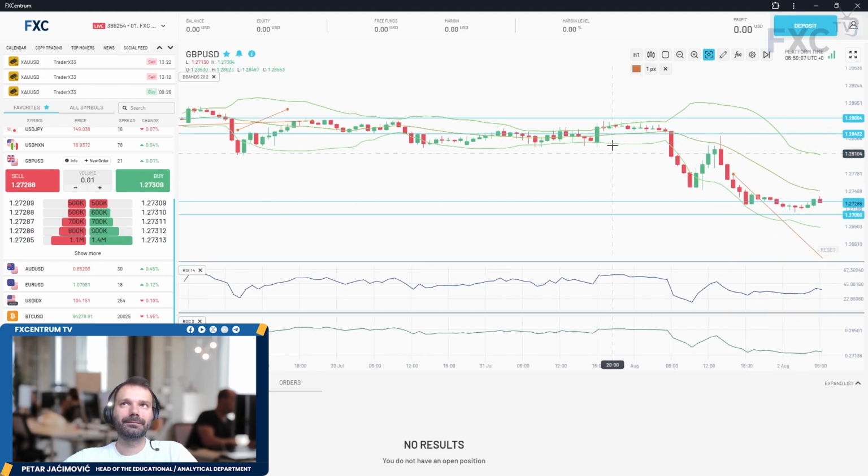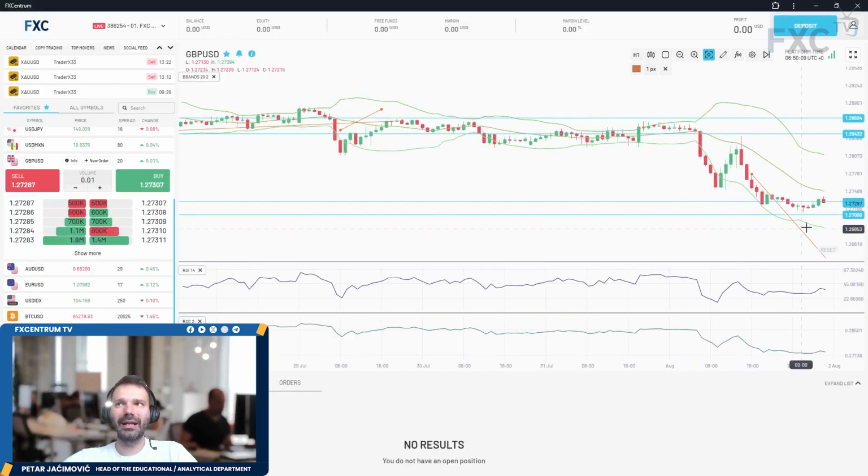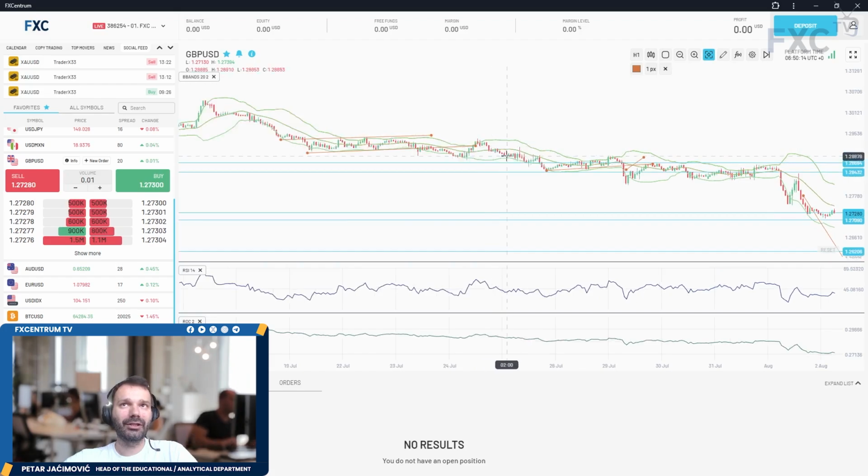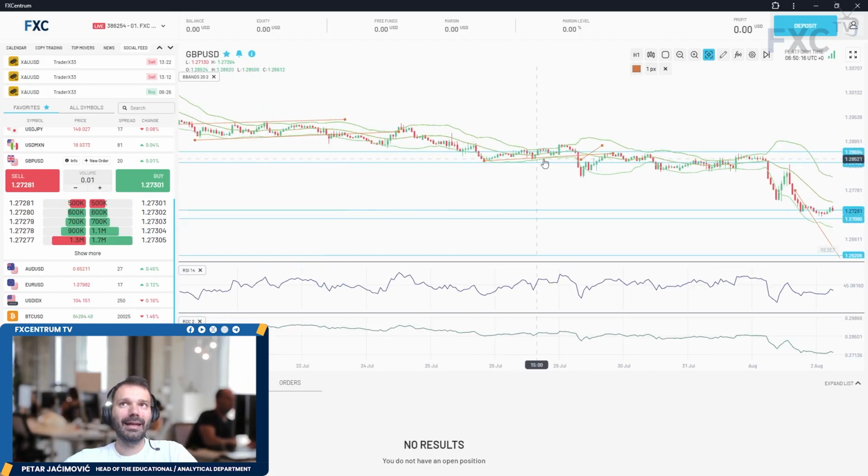So the first downside objective is almost reached around 1.2710. The idea that we gave around this area and then this area here worked pretty well. I will say this is more like 150 to 200 pips since the original sell idea that we gave last week.